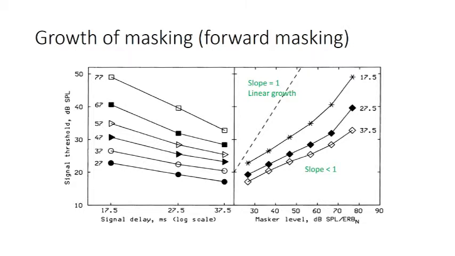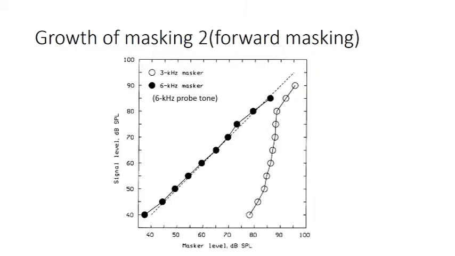Just moving on, graph of growth of masking for forward masking. In the earlier slide, we didn't specify what the mask frequency and the probe frequency are. Here in this graph, we are looking at 2 different mask frequencies.